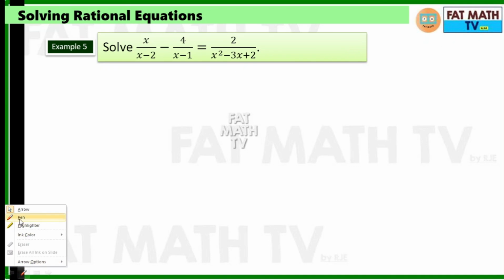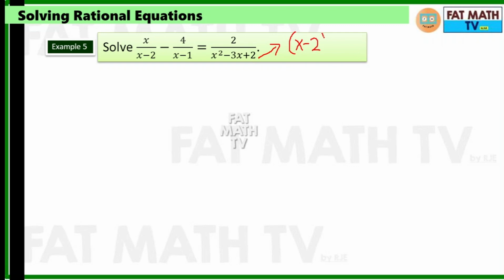But if you can recall your factoring, this one is actually equal to x minus 2 times x minus 1, which is actually this and this. So the least common multiple is just x minus 2 times x minus 1, because it has this one and this.